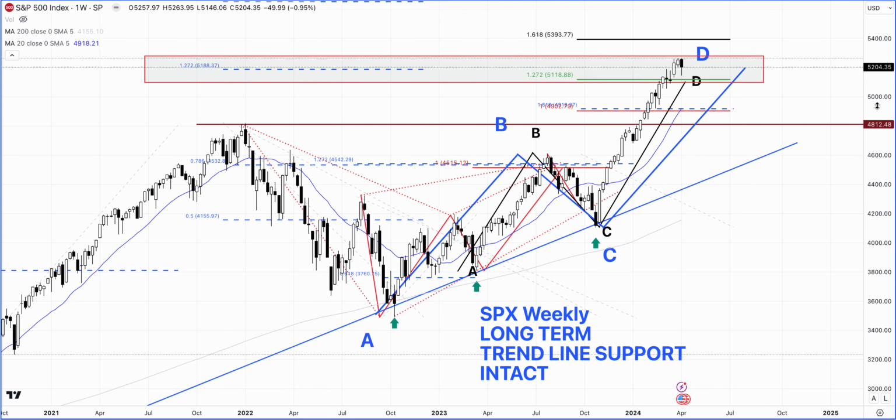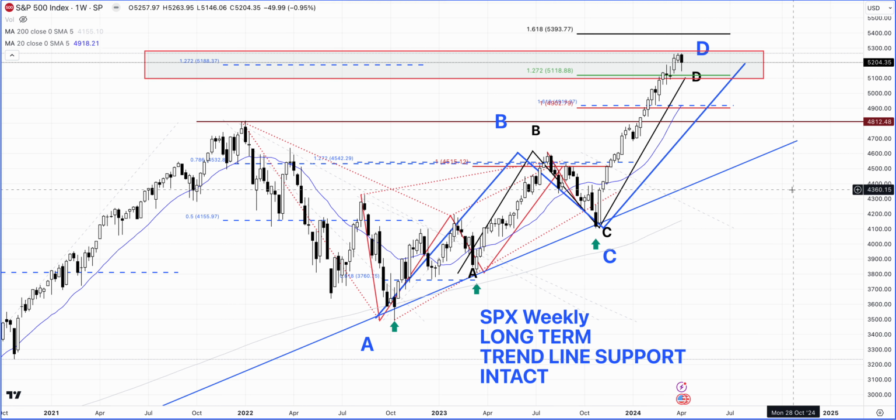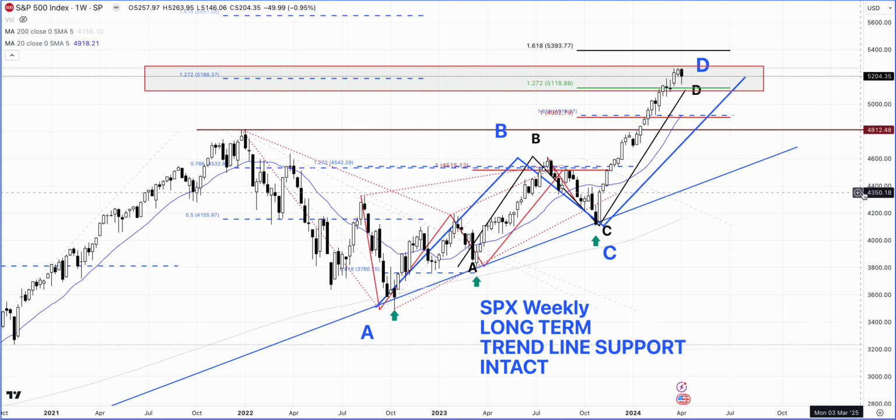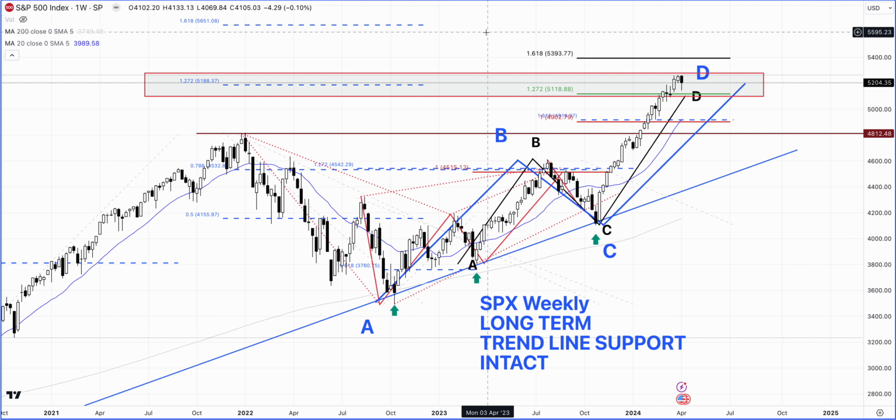If next week is another no follow through, then shorter term we are still looking for the 1.61 expansion to be around 5394 or even 5400 for the S&P 500 cash. Beyond that we also have other levels, such as the 1.61 expansion around 5650 for the cash market, but we'll take one thing at a time.